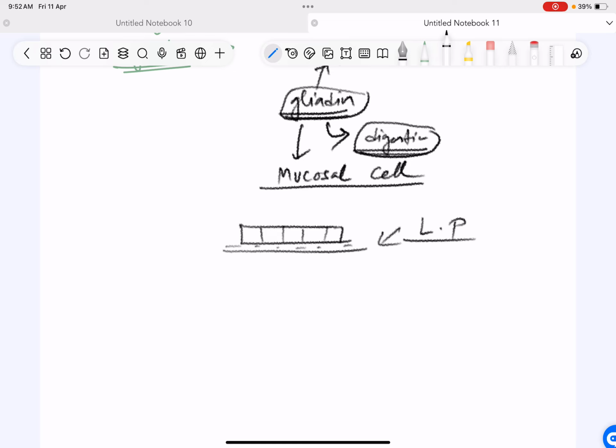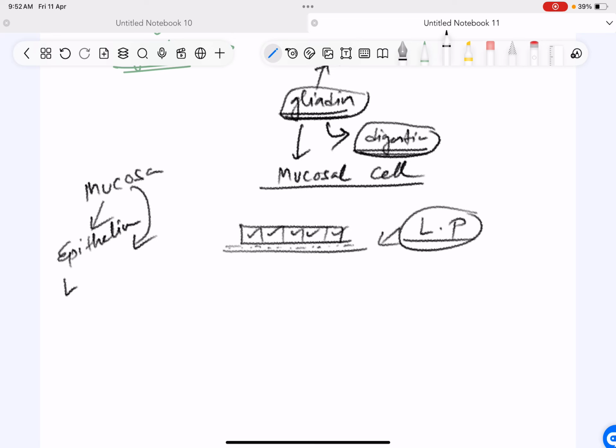Mucosa is made up of 3 layers: the epithelium, beneath it the lamina propria, and beneath this a very small muscle layer known as muscularis mucosa.